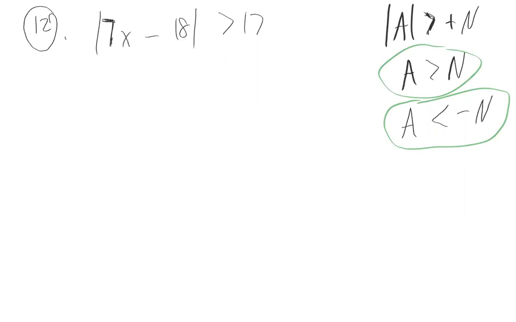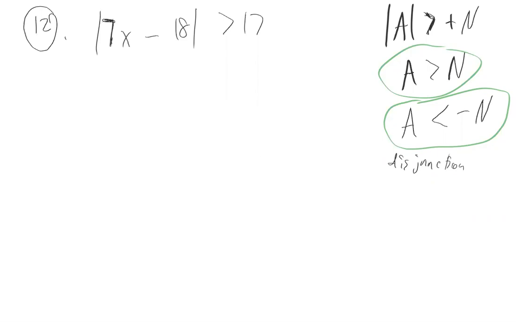Since those inequalities can't be written together, because you can't be bigger than something and less than something at the same time, like you can't be bigger than 3 and less than 3, they have to be written separately. So they call this kind of problem a disjunction.